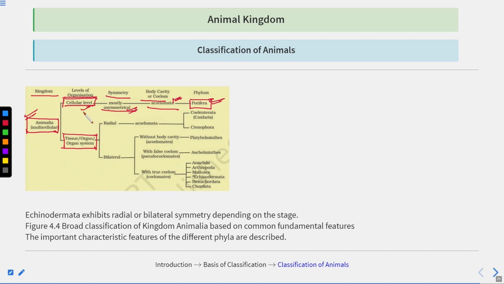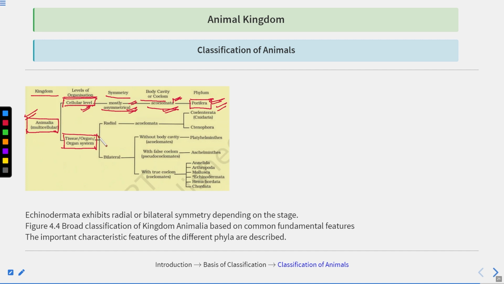Here you can see the cellular level of organization, mostly asymmetrical, and no body cavity. So this is a lower grade of characteristics, and that is why porifera is the first phylum, not having even the basic characteristics, right?